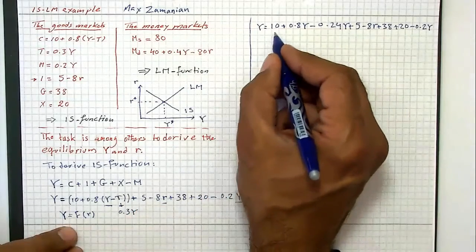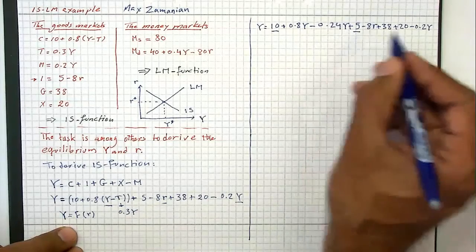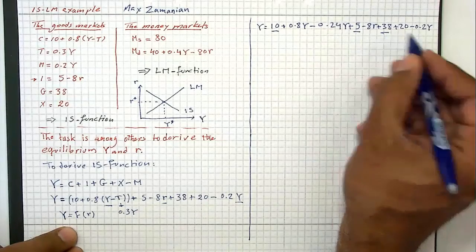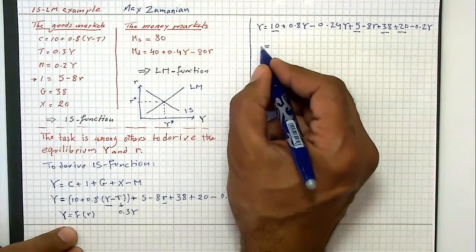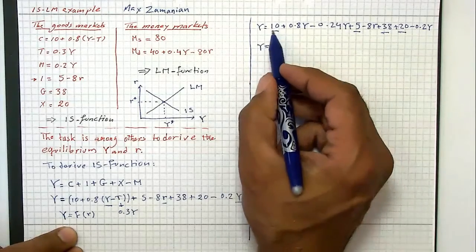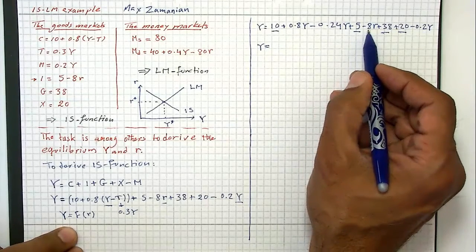So I put together all these constant single numbers first. 10, 15, 23.